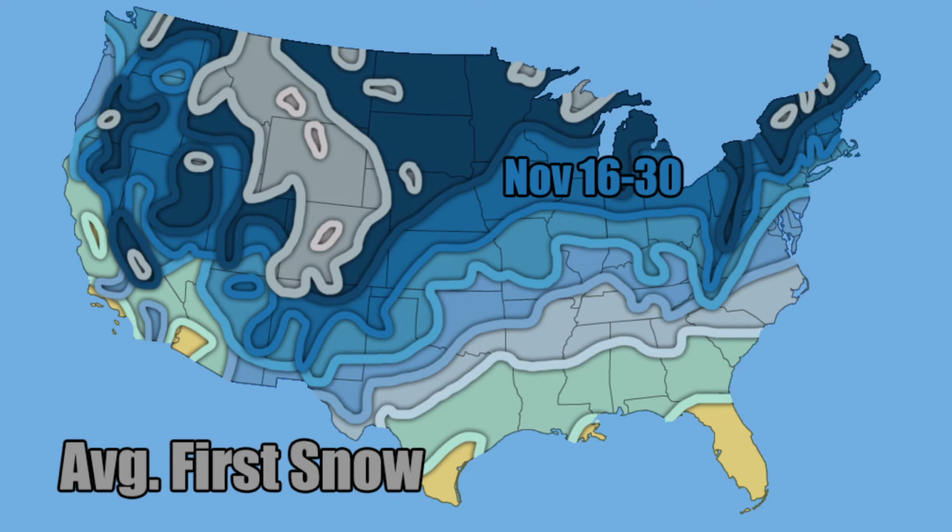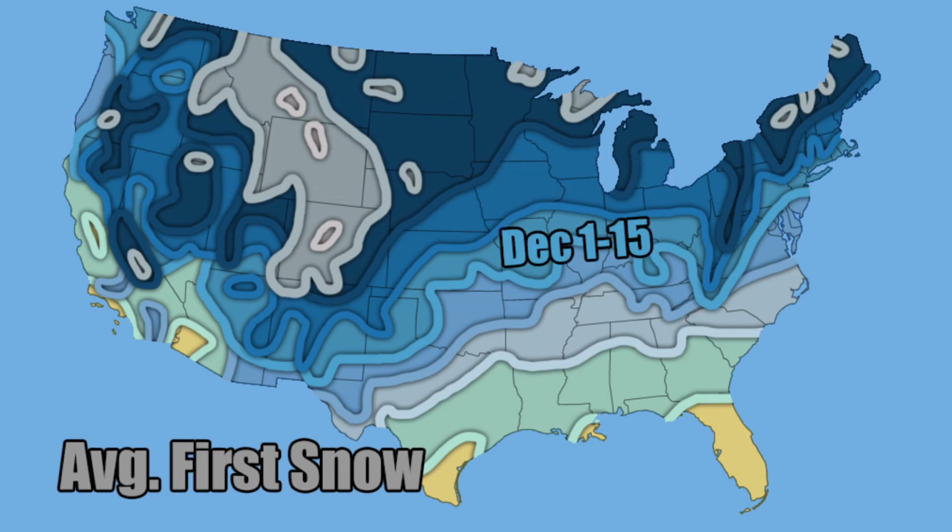And then it curves back up as you get into the central Plains, moving throughout Kansas, Nebraska, Iowa. And then for the lower Great Lakes, you start to see that November 16th to 30th time frame move in. And then also throughout the rest of the Appalachian Mountain chain, for the most part, you start to see your average first snowfall between November 16th and 30th, and then also for parts of the northern New England region and parts of the interior Northeast.